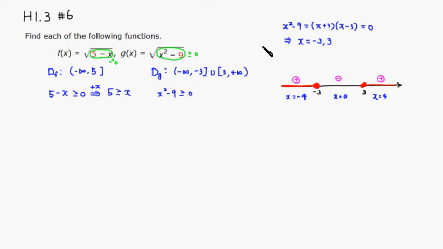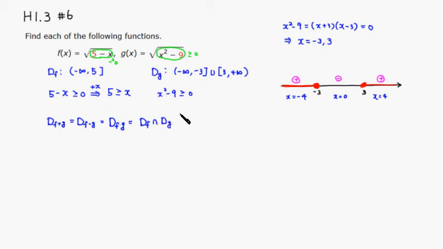Alright, in order to find the domain for f plus g and f minus g and f times g, these are all the same, and this is just the intersection of the domain of f and the domain of g.